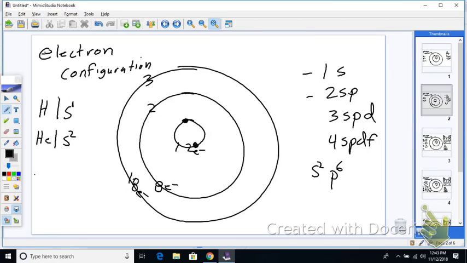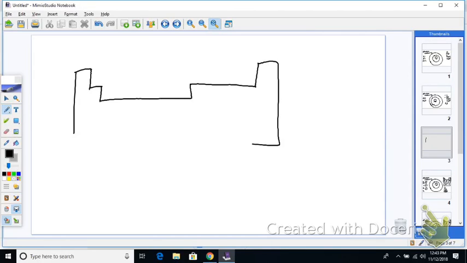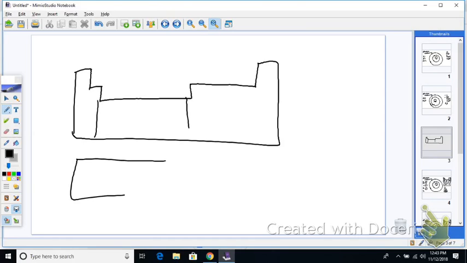You guys, what I gave you the other day, you should have kind of an outline of the periodic table. On that outline, you kind of know what the different sections are based upon where that element's at. So this is what sublevel? s. There's 2 of them.